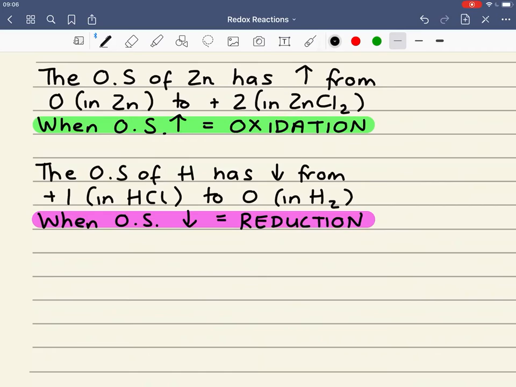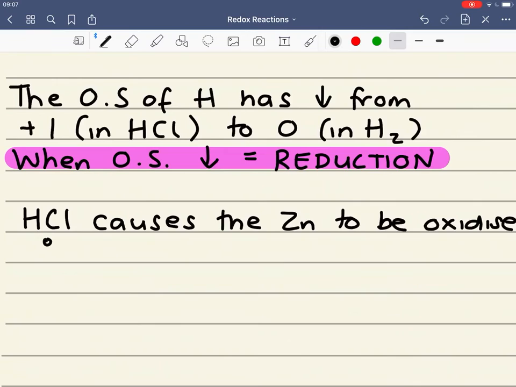So the HCl causes the Zn to be oxidised, and therefore HCl is my oxidising agent.